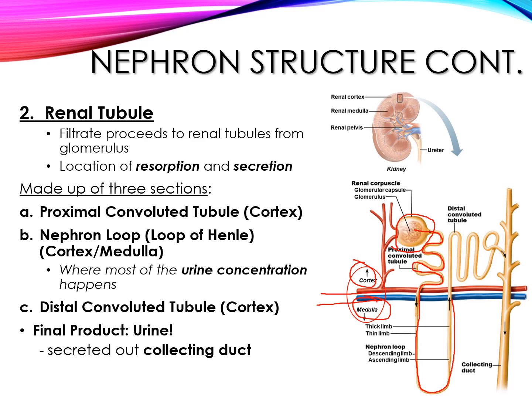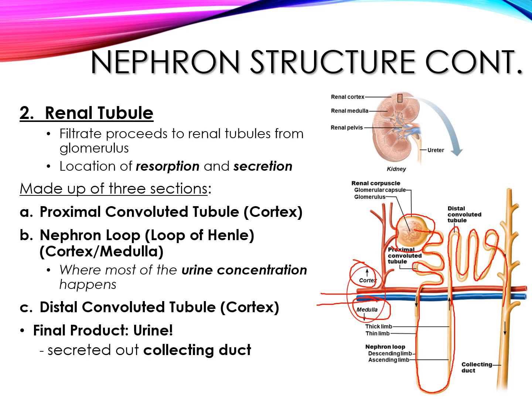This is where all the concentrating of the urine happens, in this nephron loop, or loop of Henle, a lot of people call it. It doesn't have to go into the medulla, but sometimes it does, depending on where it is in the cortex. There are some that have very long loops of Henle that are really close to the medulla. We'll talk about those types of nephrons in a minute.